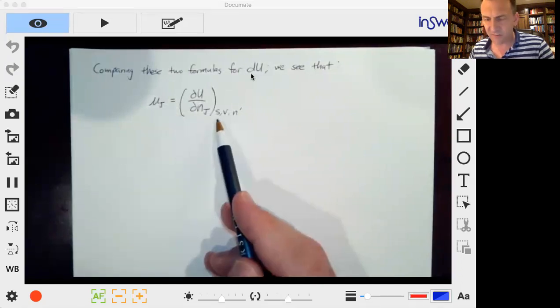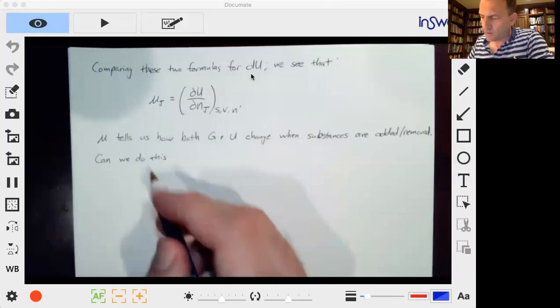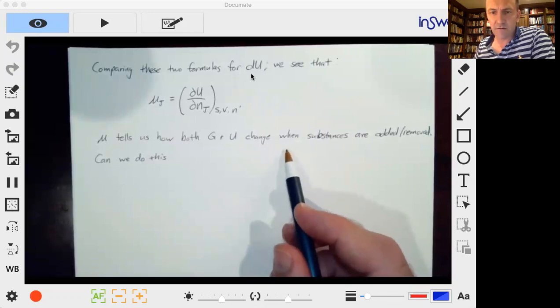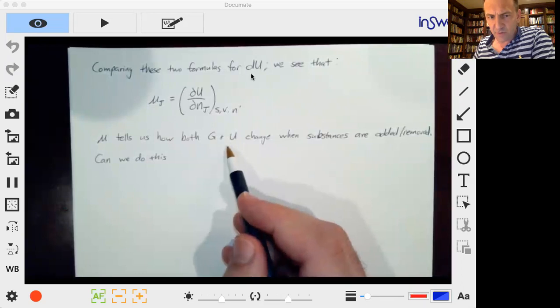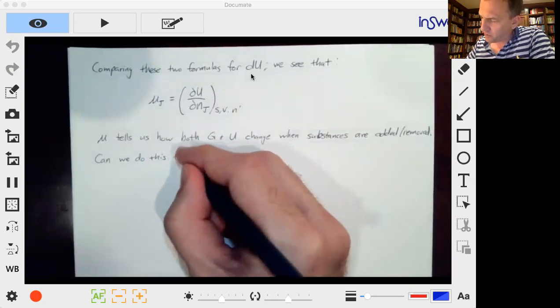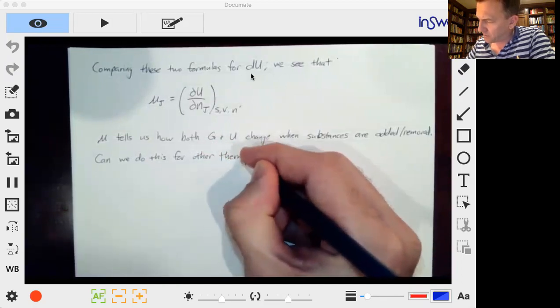The difference being, of course, the things that we're holding constant. Okay, so mu tells us how both G and U change when substances are added or removed. And G and U are two of our thermodynamic potentials. So could we do this for the other thermodynamic potentials?